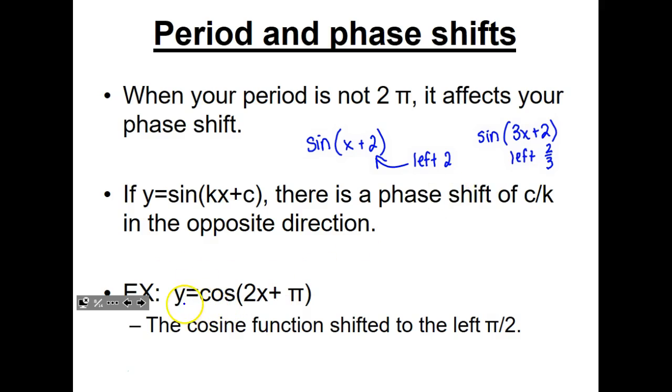So if I had y equals cosine of 2x plus pi, that is going to be to the left pi over 2, because you'll take this number here and divide it by this number here. Okay, questions? Okay.